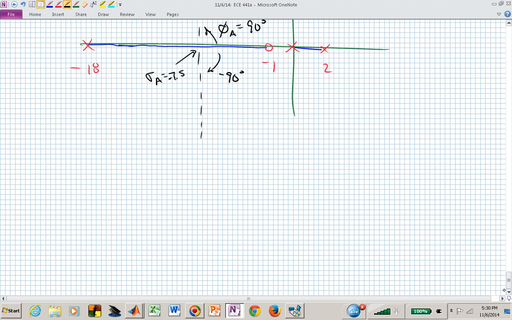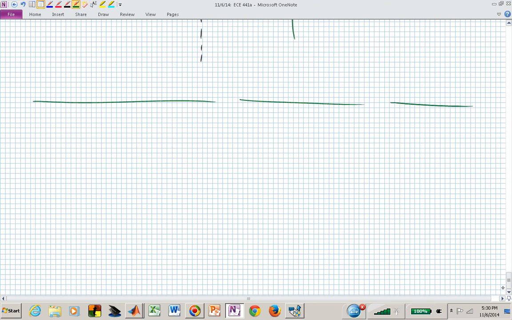We can now look at rule number 4 to determine the breakaway and reentry points.